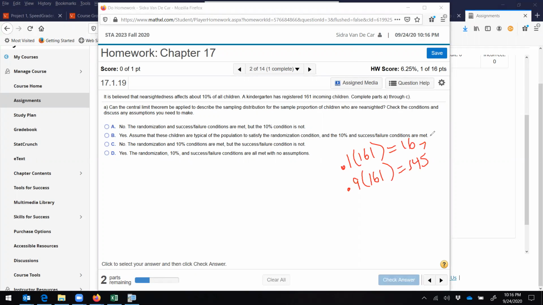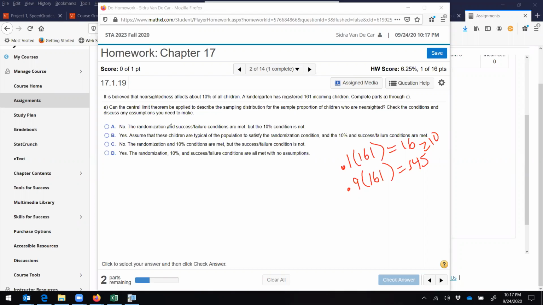Both of those are bigger than 10, so I'm relatively comfortable with the idea that our success failure condition is met. Now 161 is less than 10% of all children. Yeah, that's fine. So I'm satisfied with everything except that randomization condition.